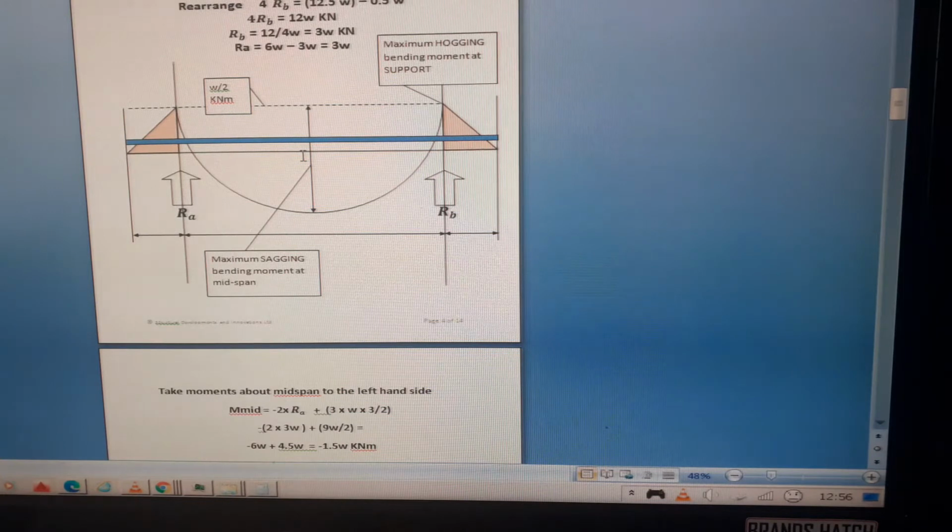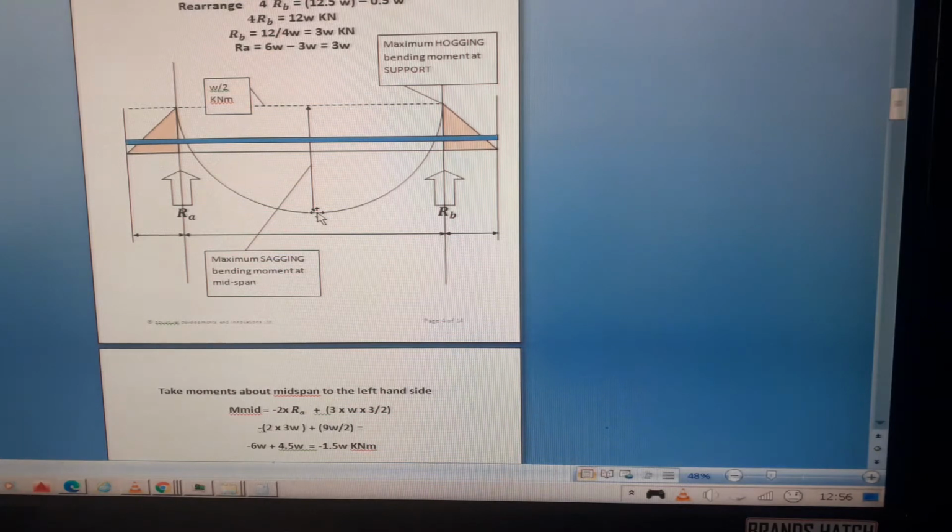So now we need to know what the maximum bending moments are. So we can see I've done the bending moment diagram now. I know from experience that I'm going to get a curving moment in the middle of the beam, and I reckon it's going to be maximum at the midspan, so I've drawn that in.